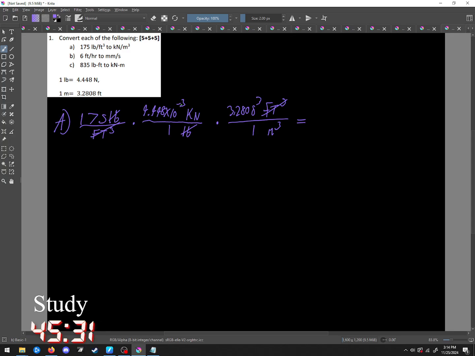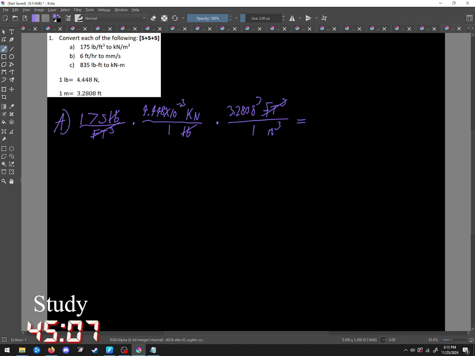If I do 175 times 4.448 times 10 to the negative third, times, let me put parentheses, the cube. Ah, yes, that's what I forgot right there.